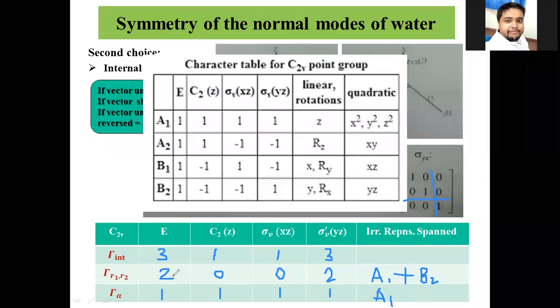So now I should be able to get this just by summing them up, because this is coming from this. So I should be able to add this, and you can verify that it should come 2 A1 plus B2.